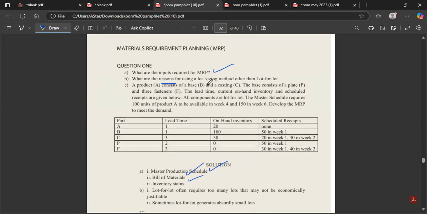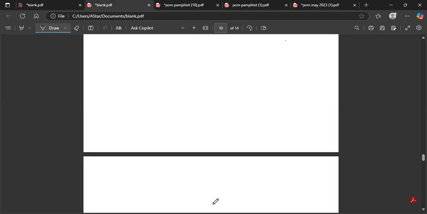What are the reasons for using lot sizing methods other than lot for lot? Because lot for lot only requires you to order the exact net requirements. So you can use other means, and lot for lot is good for perishable goods. If you are stocking non-perishable goods, lot for lot will not be good. Are we together?